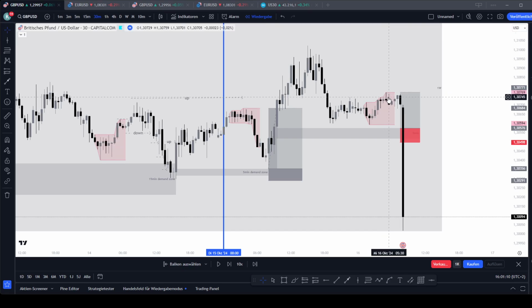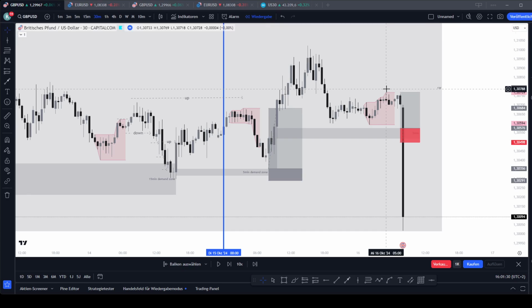Remember that there are three market sessions: the London session, the New York session, and the Asian session. During the Asian session, this zone is annotated, and each session is 8 hours. That's why 8 times 3 is 24 hours in a day.